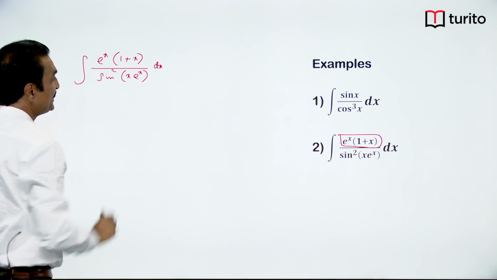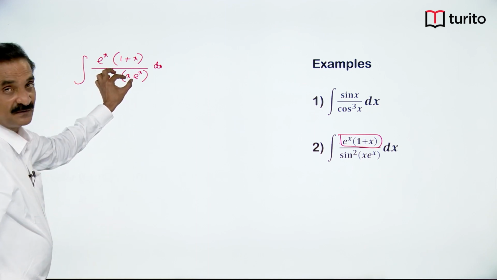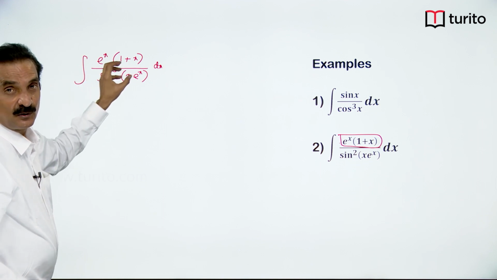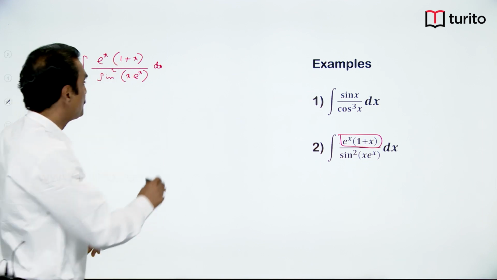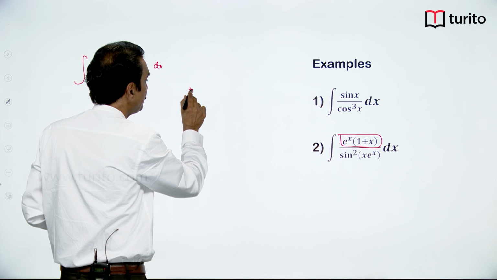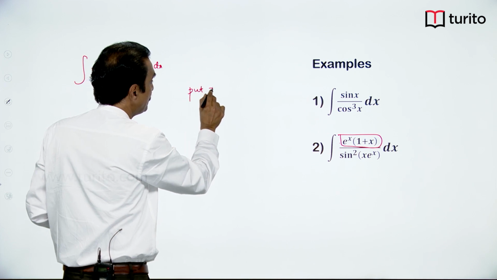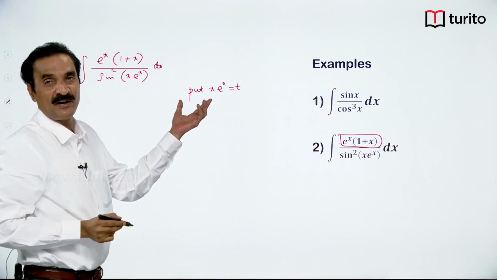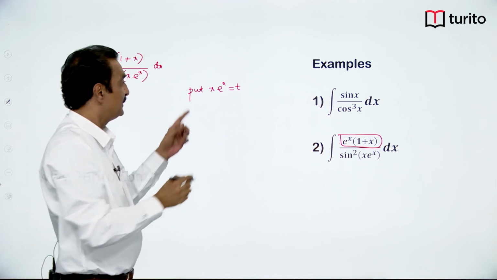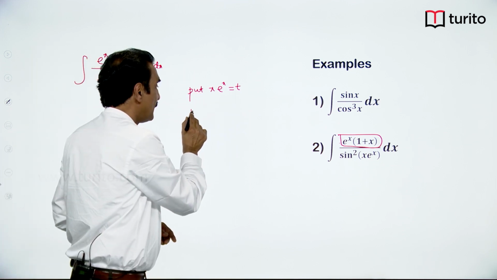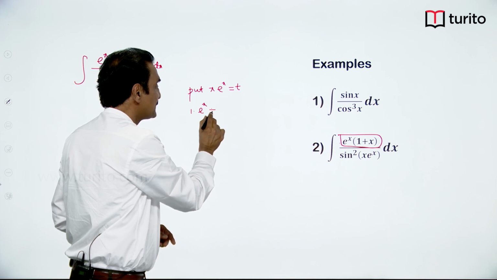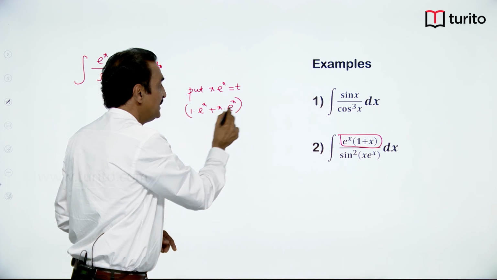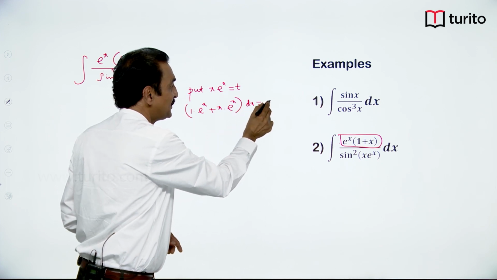This is the given question. Since we have the derivative of x e power x there in the numerator, we put x e power x is equal to t. What is its derivative? Using product rule, 1 into e power x plus x into derivative of e power x is e power x into dx is equal to dt.